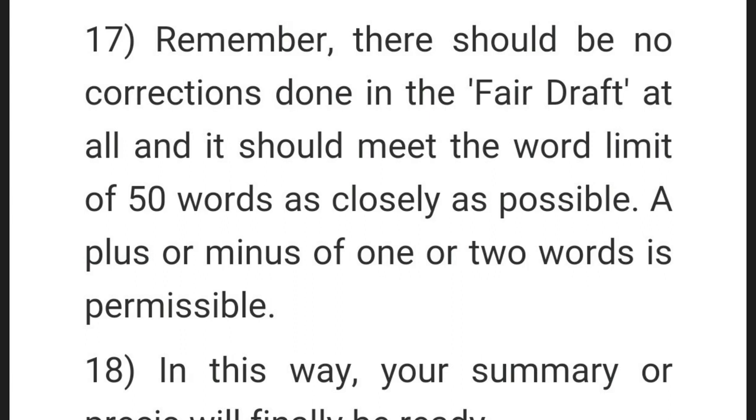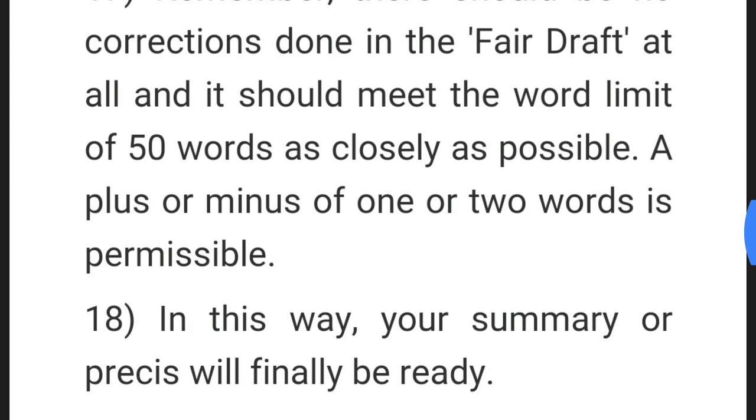And it should meet the word limit of 50 words as closely as possible. Now, what do I mean by as closely as possible? Plus minus 1 or 2 words is allowed, but not more than that or not less than that. Now, suppose you have been asked to write in 50 words and you are writing in 40 words, obviously you will lose some marks. But if instead of 50 it's 49 words or even 48 words, maximum permissible limit, maybe minimum 48, maximum maybe 52.